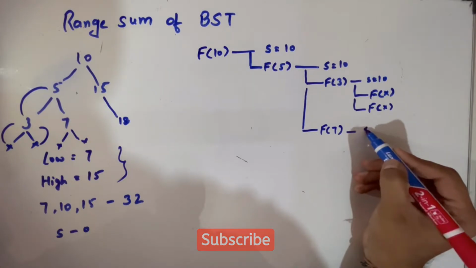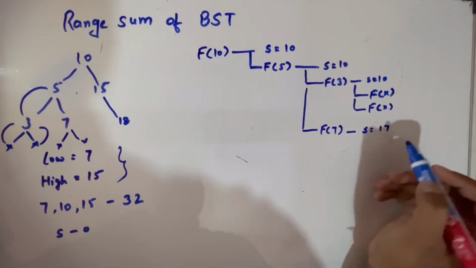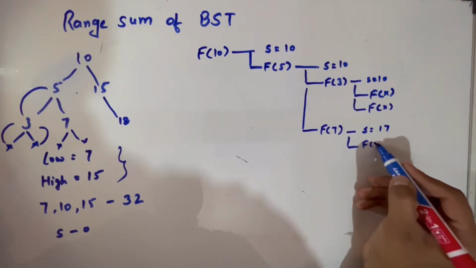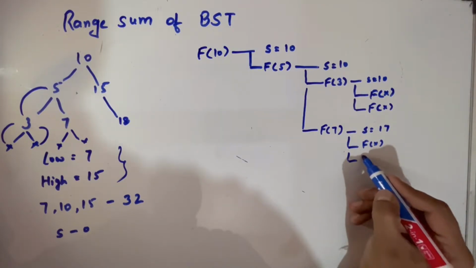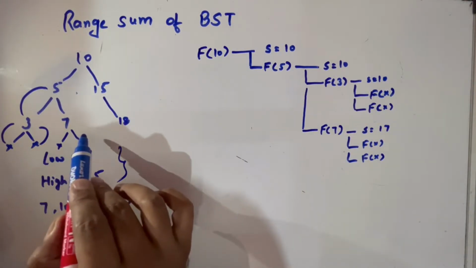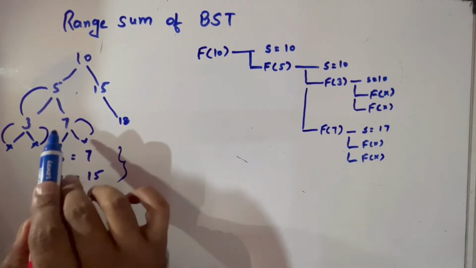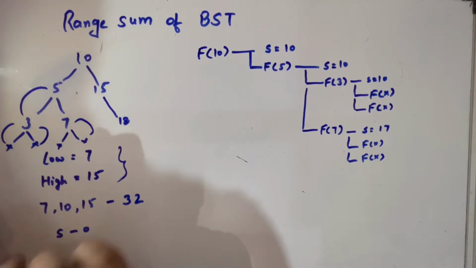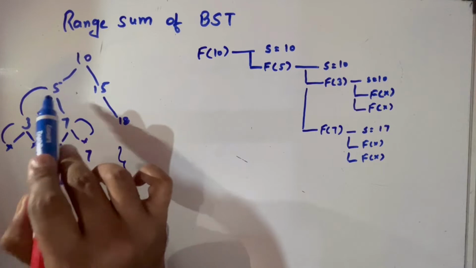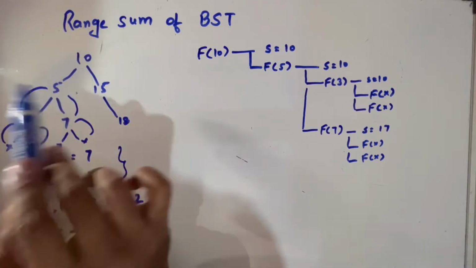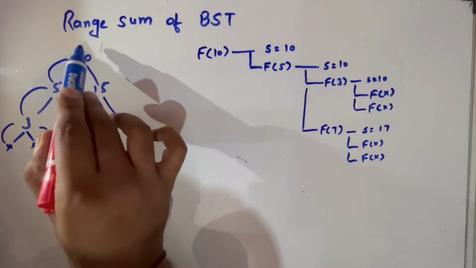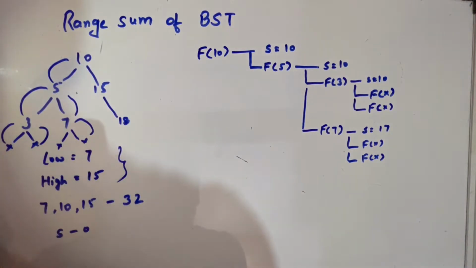So sum will be updated as 17, and now the call will be made to null and null. Cool. And similarly friends, this execution of 7 is complete, and hence the execution of left and right child for 5 is complete, hence 5 is also complete. Now friends, 10 has successfully completed its left side execution.